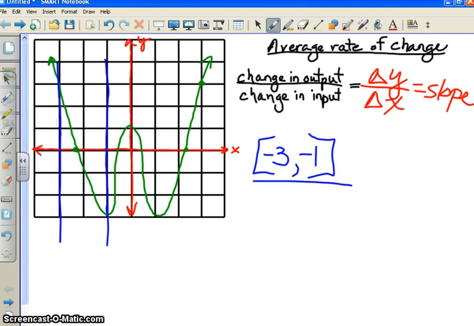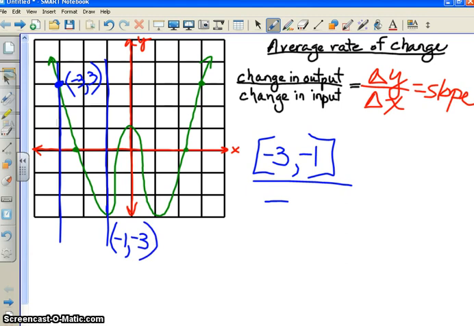Notice as we read from left to right, our function is decreasing there. So that tells me my average rate of change is going to be negative to show it's going downhill. And then my change in y over change in x, I'm going to get my point values up at this point. When x is -3, y was +3, and at -1, the y value is -3.